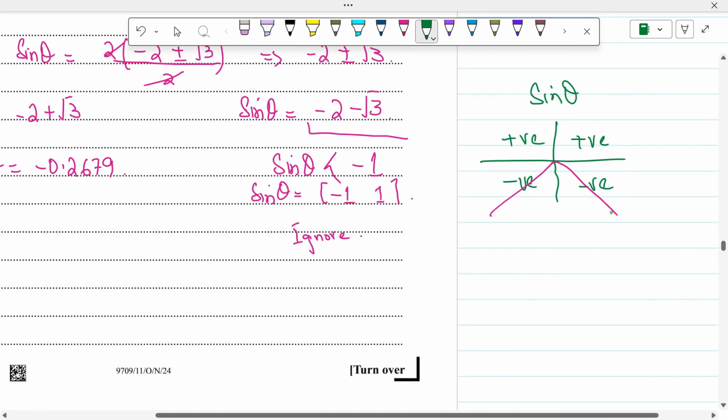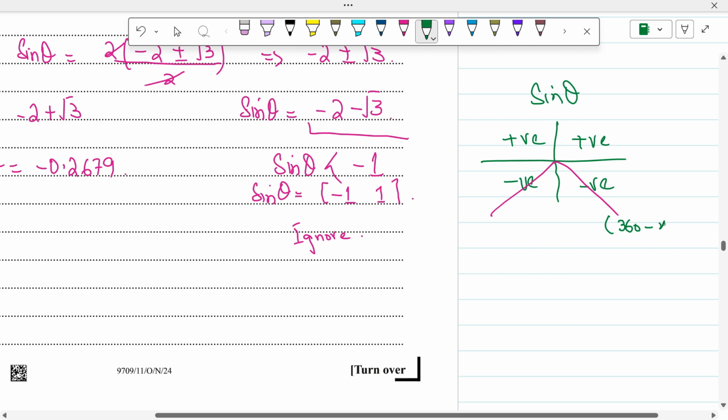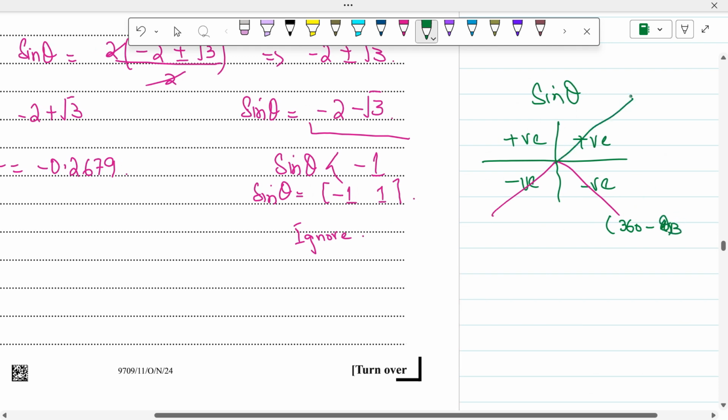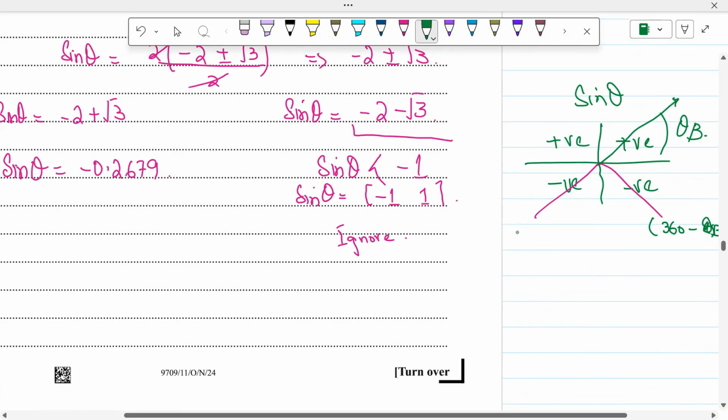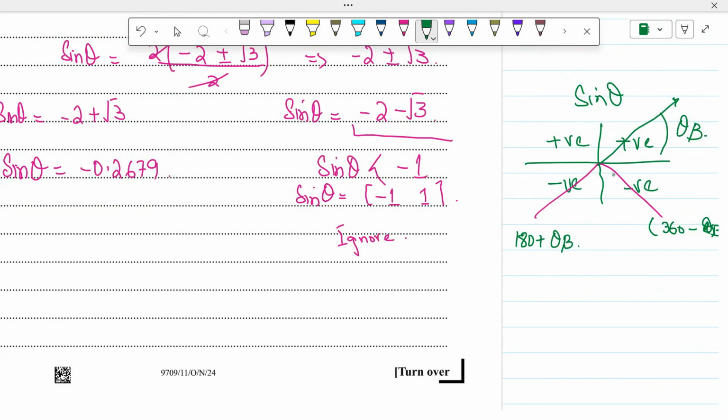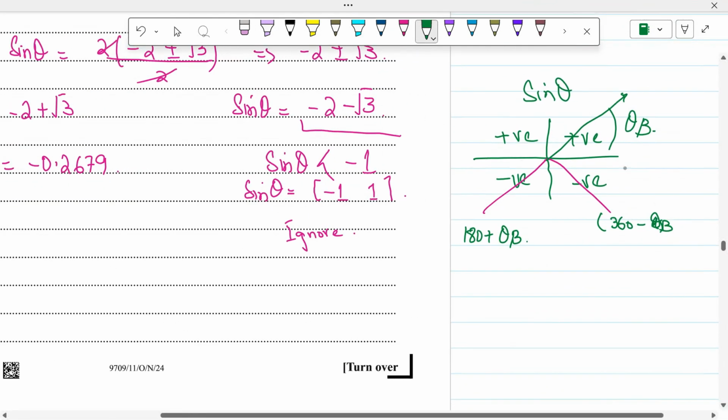The angle in the fourth quadrant can be calculated using 360 minus the base angle, where the base angle is the angle in the first quadrant. Similarly, the angle in the third quadrant can be found using 180 plus the base angle. If we have the base angle, we can find the angles in the third and fourth quadrants.